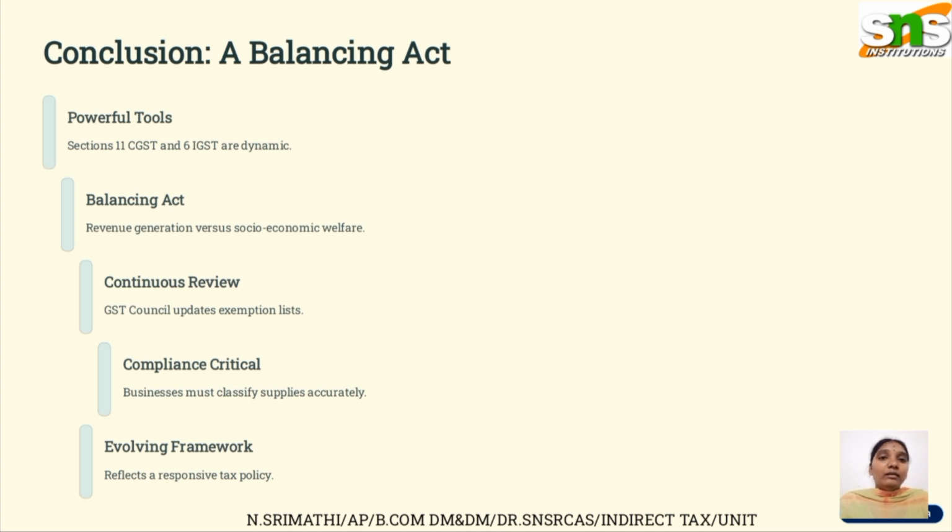The balancing act of revenue generation and various social and economic welfare is the main balancing act of Section 11 of CGST. The review is continuously ongoing in India. The GST Council updates the exemption list, and for critical compliance, businesses must classify supplies accurately.